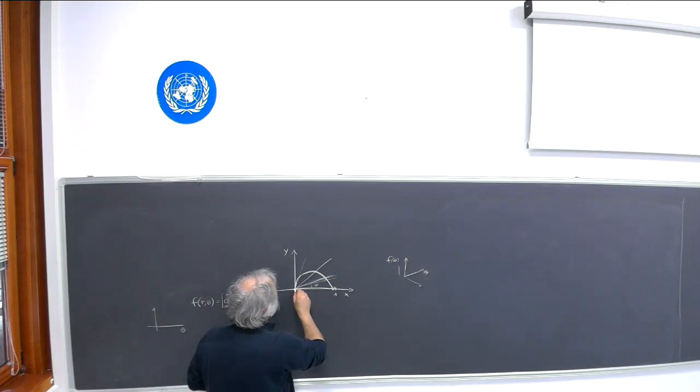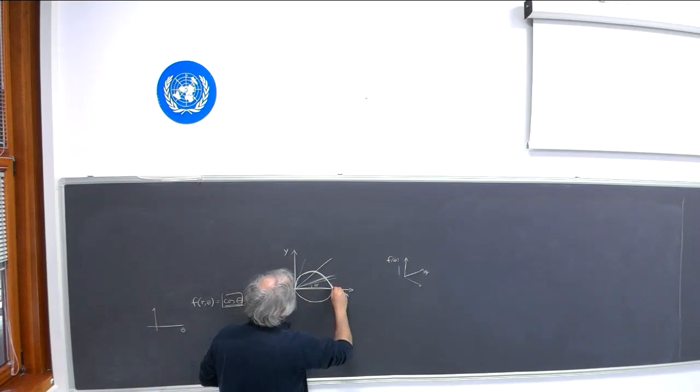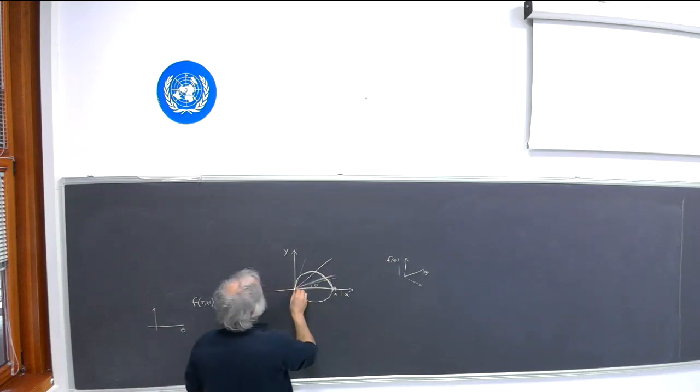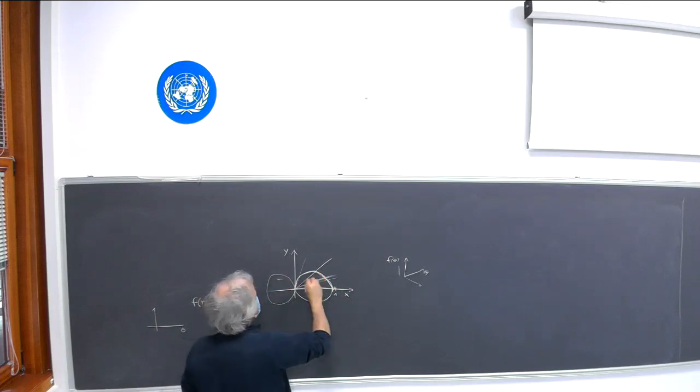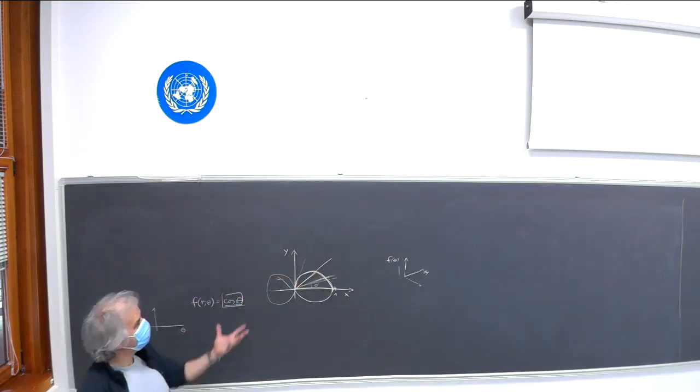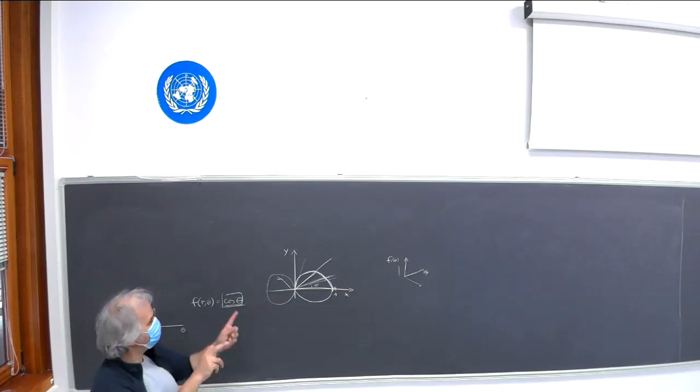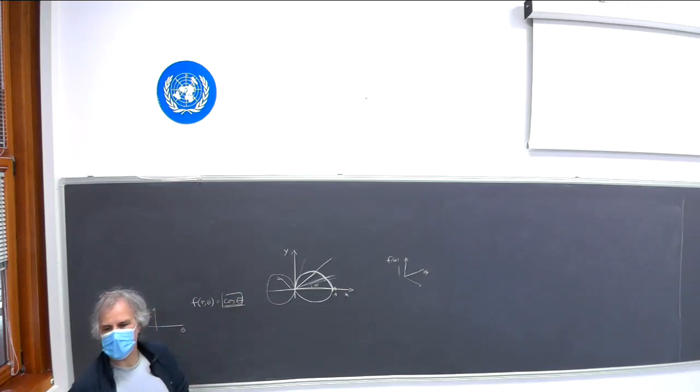But for theta negative it is absolutely the same. So something like this, and here it would be the same shape, simply negative. If this is a positive stick, this is a negative stick. Okay, this is the plot. That's it. A stick proportional to the value of the function.